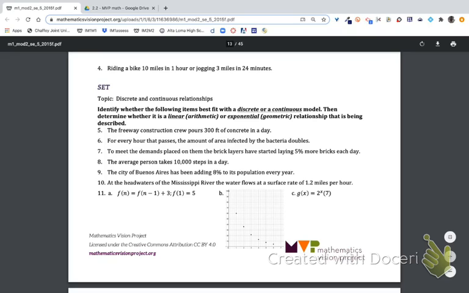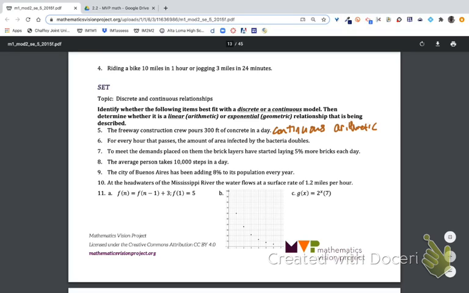So what we can say is that this would be a continuous function, and that the concrete truck is going to be pouring out the same amount per second, per minute, per hour, whatever it is. So we know that this is an arithmetic relationship. It's going to be a linear model as we figure out how much concrete is being used.